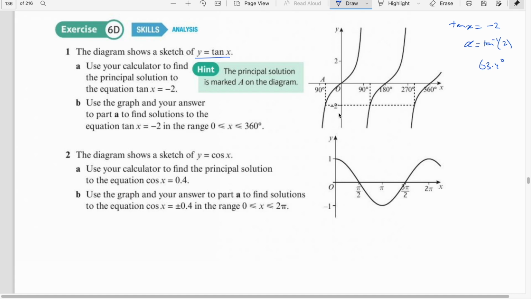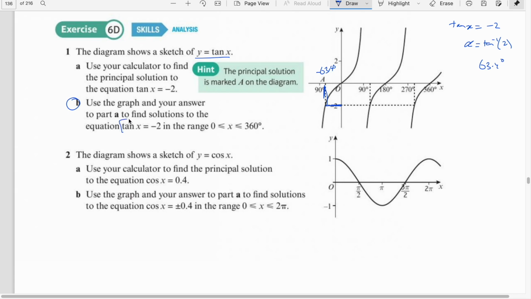And tan inverse of -2 would give me the same on the opposite side. It gives me -63.4 degrees.